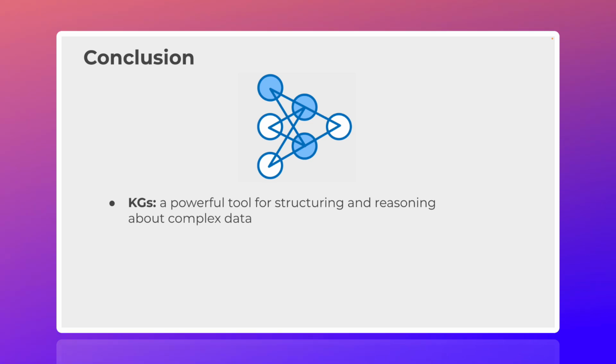So obviously, by understanding the fundamentals of knowledge graphs, one can leverage their potential to create smarter, more intuitive systems, specifically related to RAG systems. All right, I'll see you next.